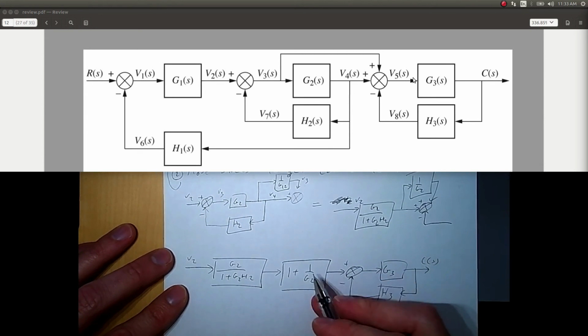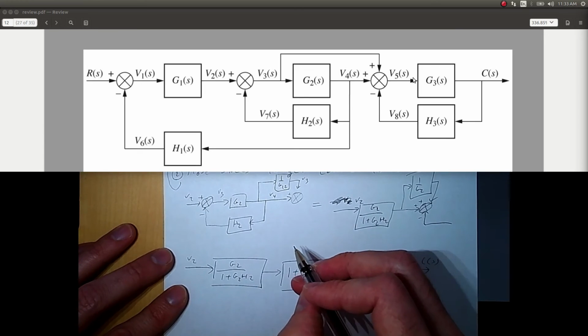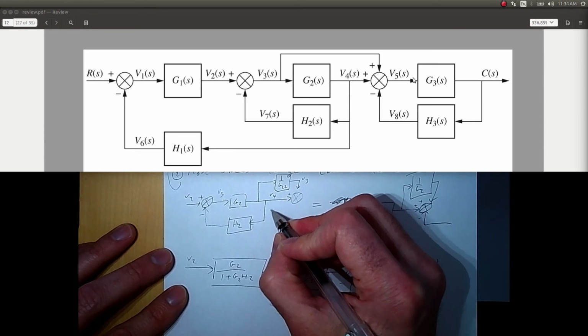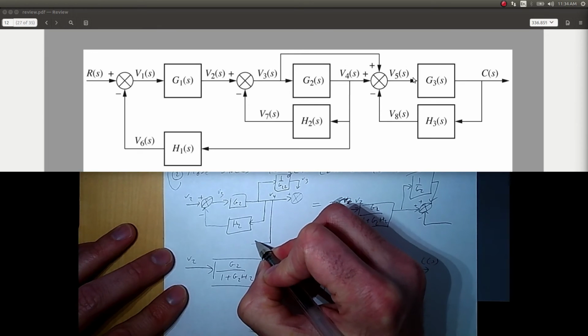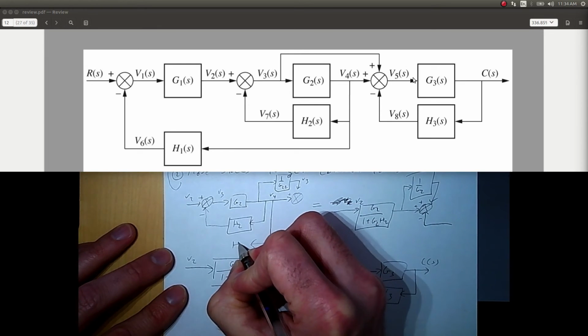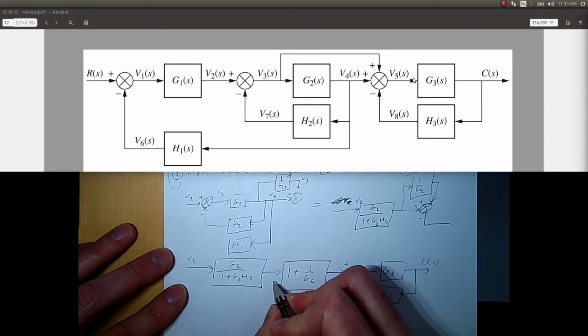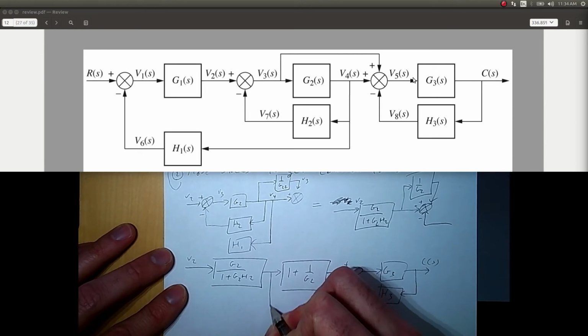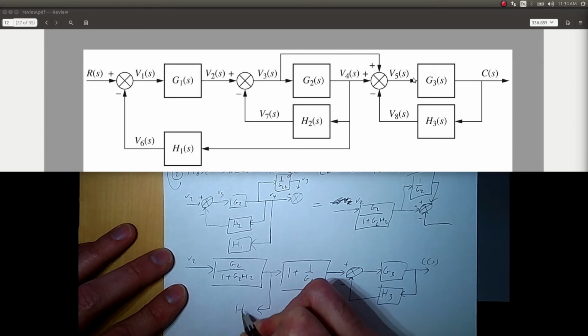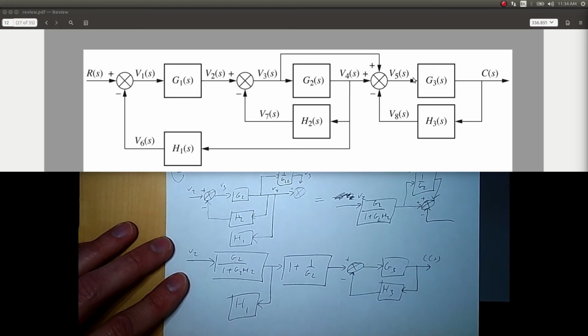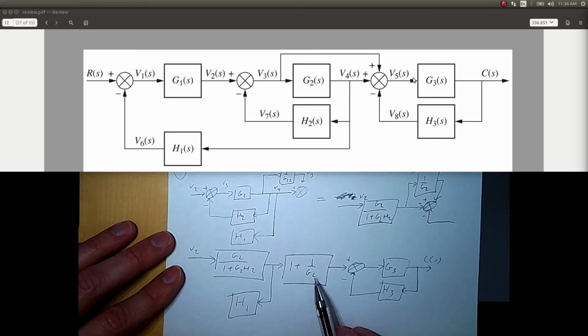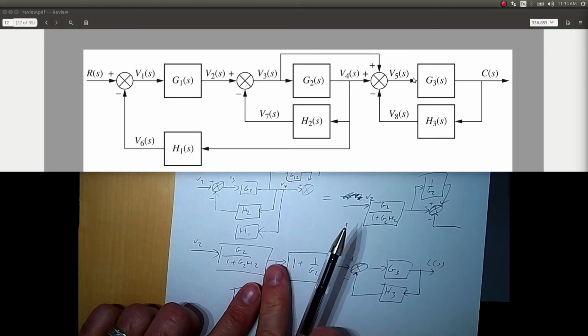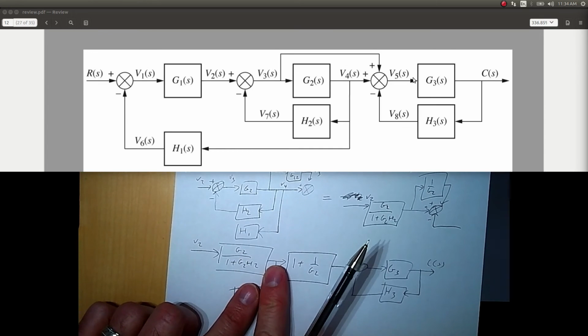Ooh, I almost left off this. Right, I should go ahead and draw this so I don't make a mistake. There's also feedback here going to H1. And so that comes here. And the reason it's important that I not leave that off is because it almost looks like we have a cascade form here. If I hadn't put that on, then we could have just multiplied this transfer function by that one.